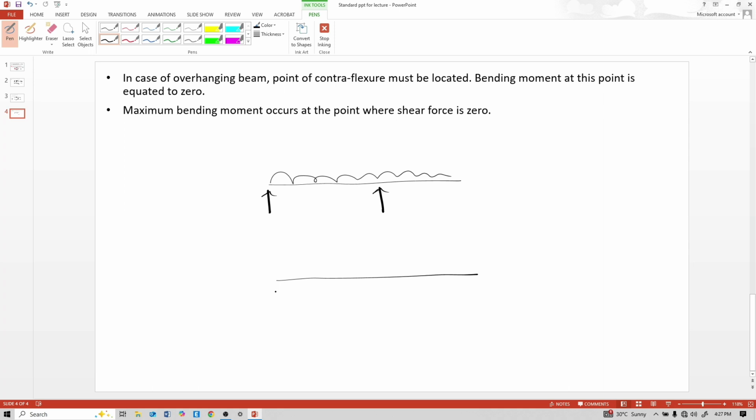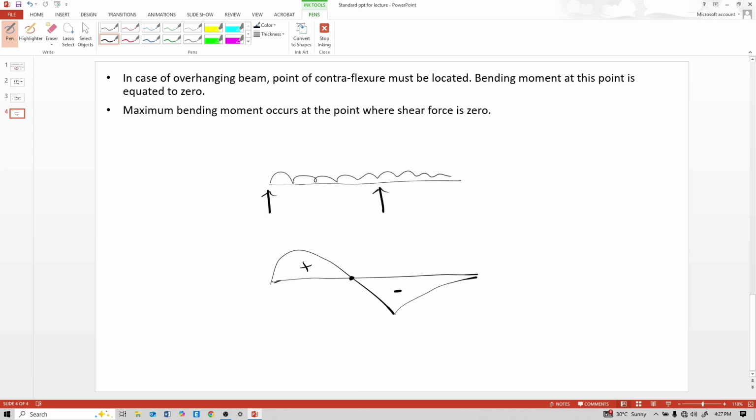Due to this, see, the moment changes its sign here, and this is the point of contraflexure. Where there is a point of contraflexure, bending moment is 0.